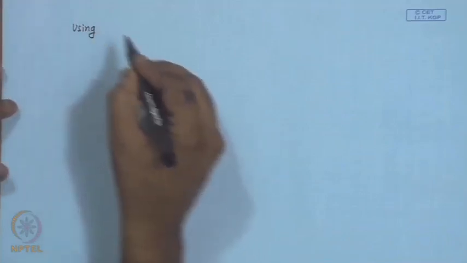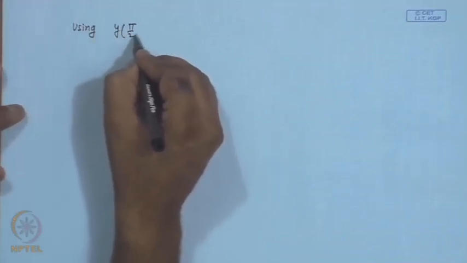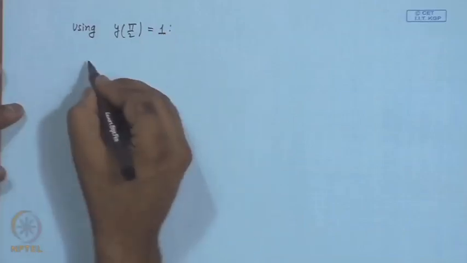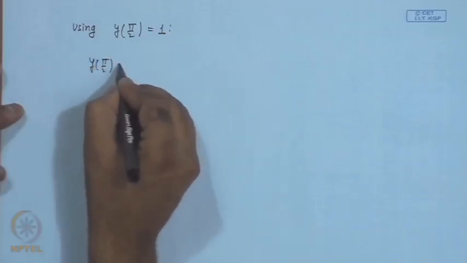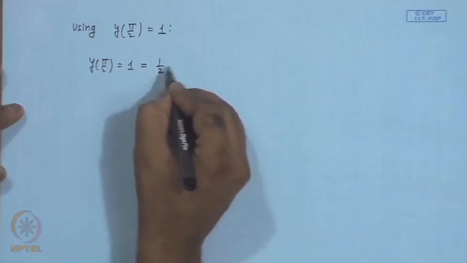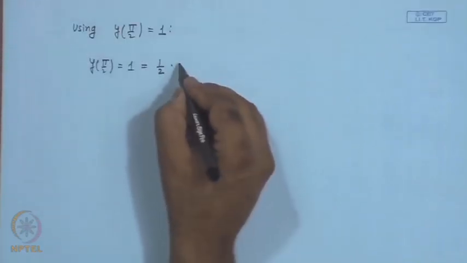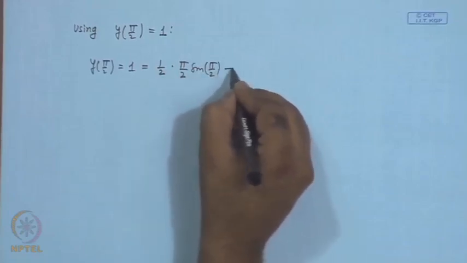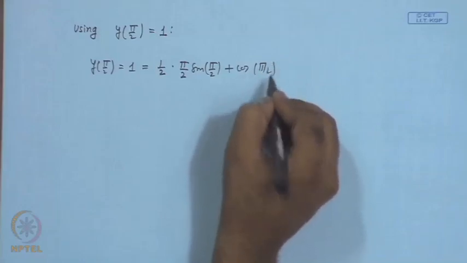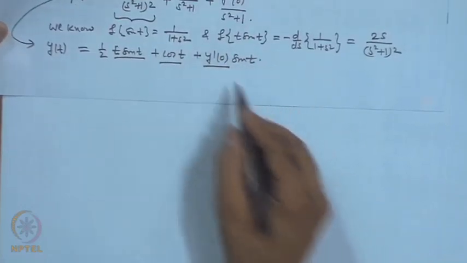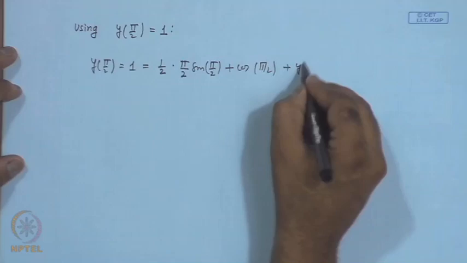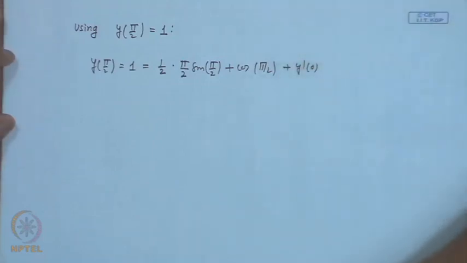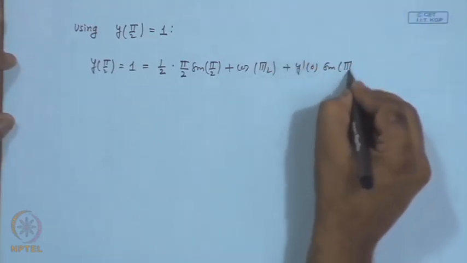So, using the given boundary condition y(pi by 2) is 1, we have here y(pi by 2), that is 1, and then half t sin t, so we have the solution once again. We will get here pi by 2 and sin pi by 2 plus cos pi by 2 from this, and then plus y prime(0) sin pi by 2.